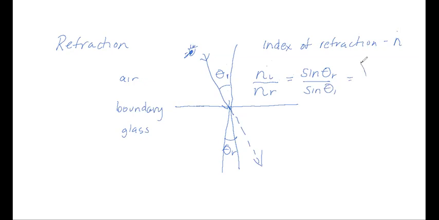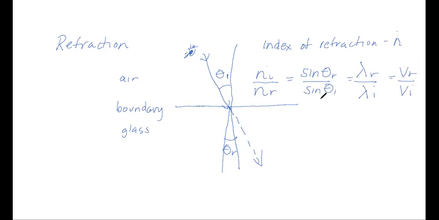Also, the wavelength of that light in the refracted material divided by the wavelength of that light in the incident. And finally, the speed of light in the refracted material divided by the speed of light in the incident.